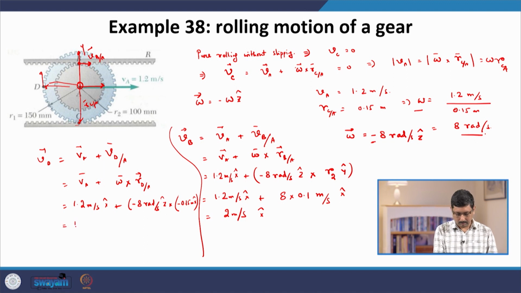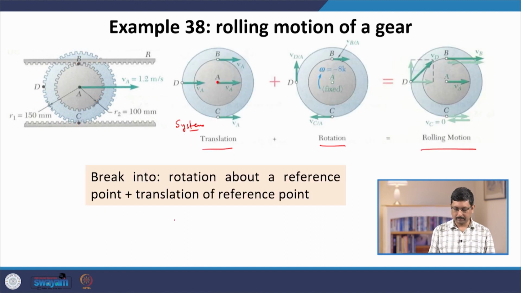So this is 1.2 meter per second x hat plus 1.2 meter per second y hat.